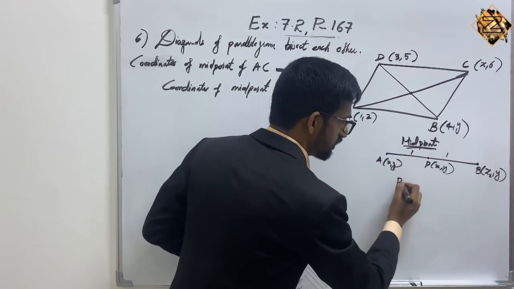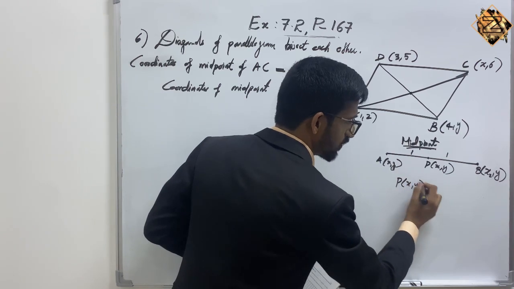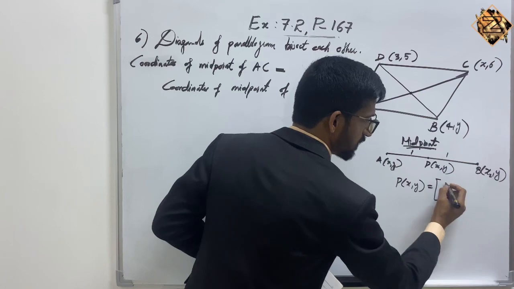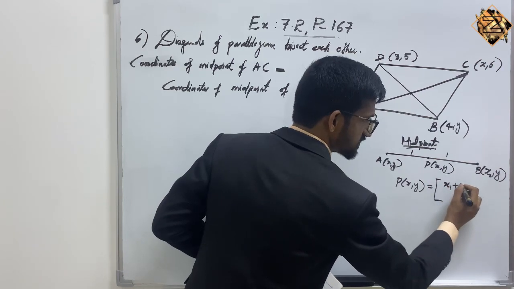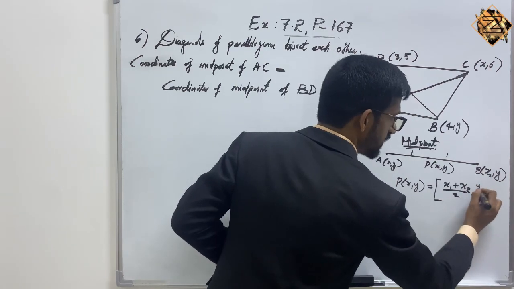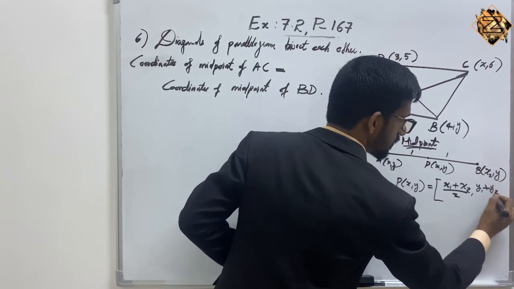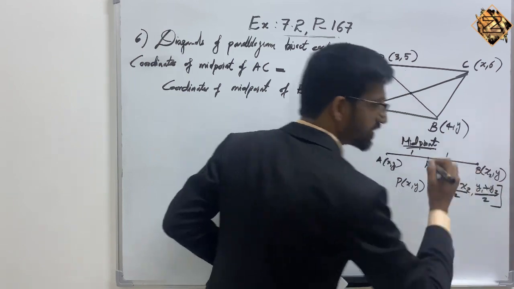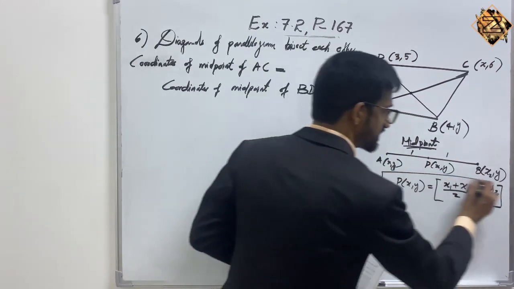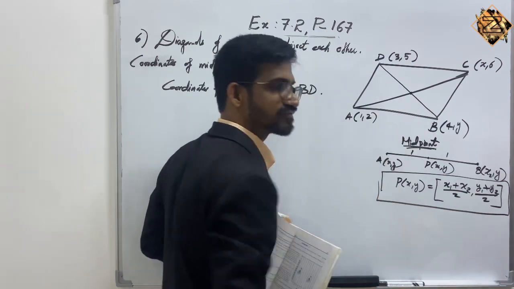So the midpoint formula will be P(x, y) equal to ((x1 plus x2) by 2, (y1 plus y2) by 2). This is the midpoint formula. Okay students, to find the midpoint of a line segment, we can apply this formula.